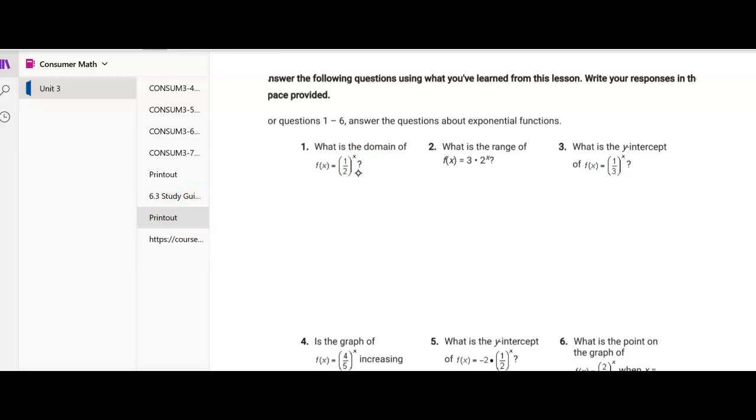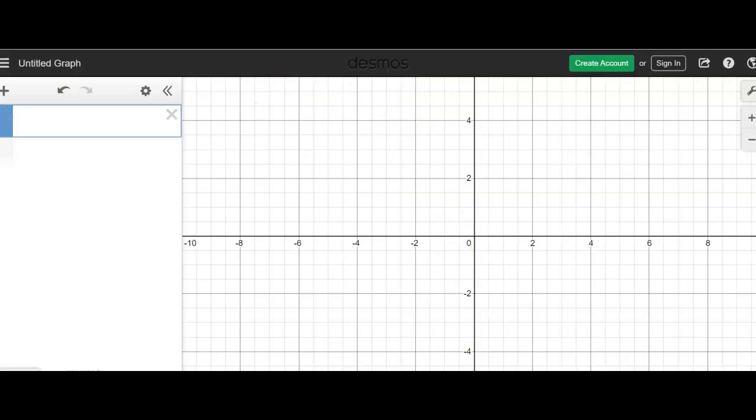So if we look at these, what is the domain of this function? Well, we said the domain of an exponential function is just going to be all real numbers. So the next one is asking, what is the range of this? So if I go and graph it, to graph it I'm using a website called Desmos. So if you go to desmos.com, you can do this.